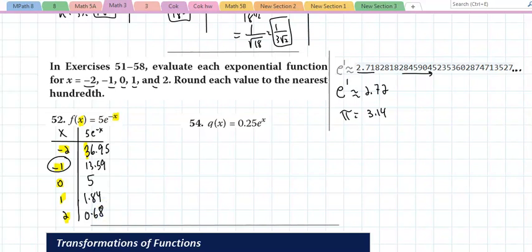All you have to do is plug in the numbers, and that's that. It's fairly simple and quick.